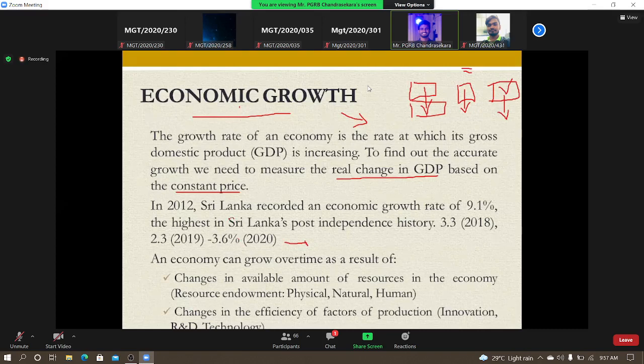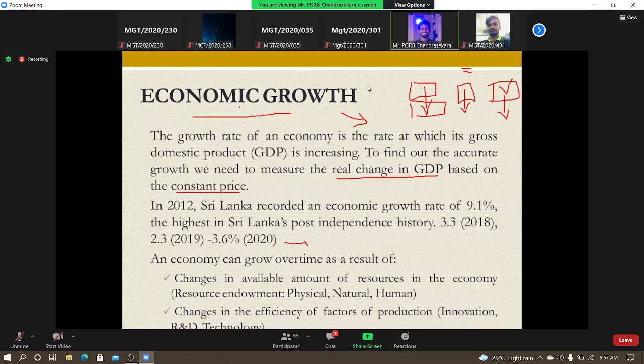Negative growth rate. So how can we increase this growth rate? That means how can we increase gross domestic product. For this, two major factors are effective.